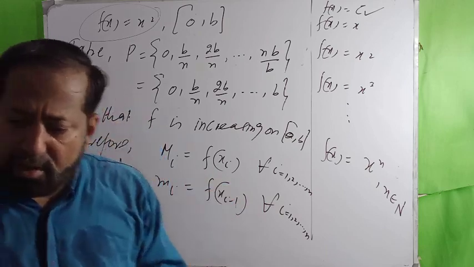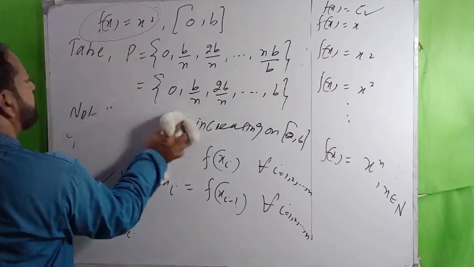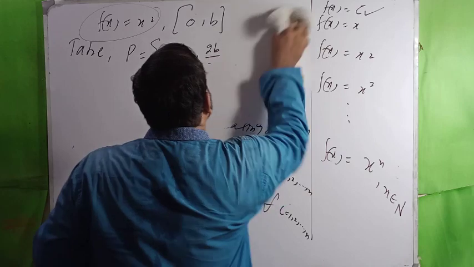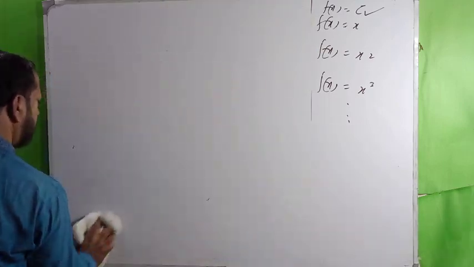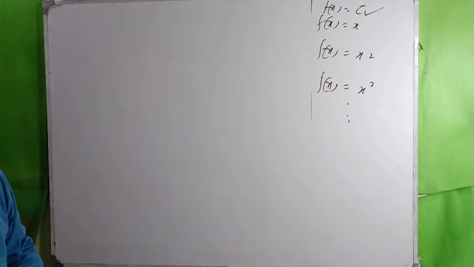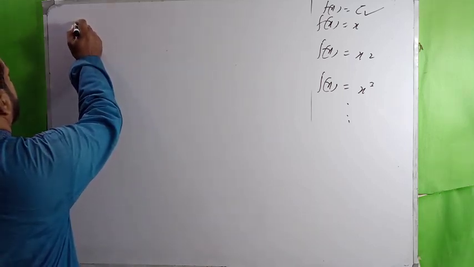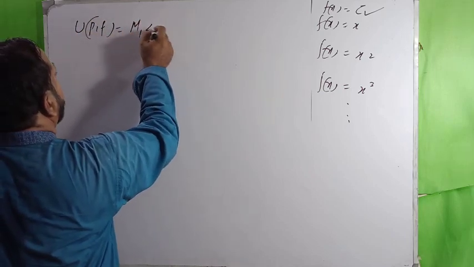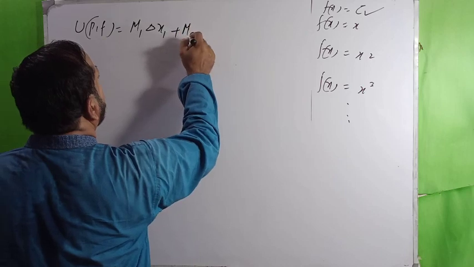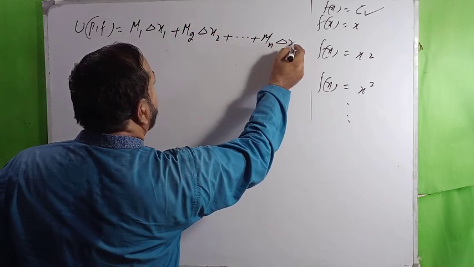Okay, so now we can find lower and upper sums easily. Remember the partition. Your upper sum U(P, f) would be equal to M1 delta x1 plus M2 delta x2 plus so on up to Mn delta xn.